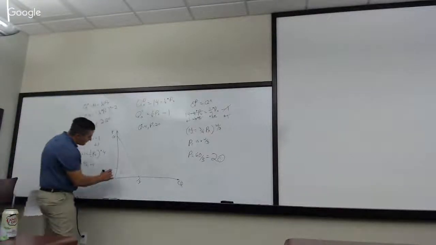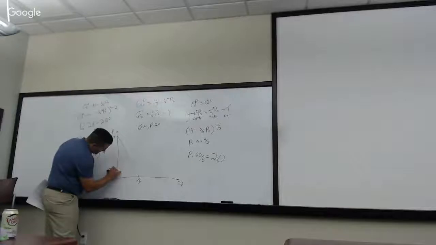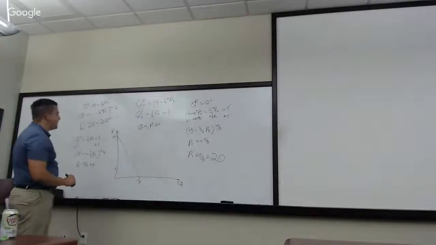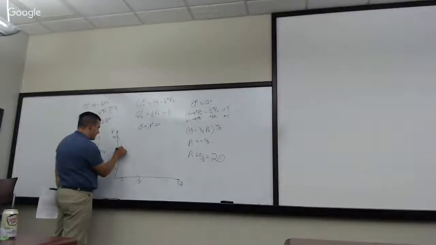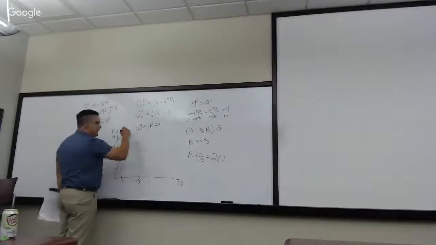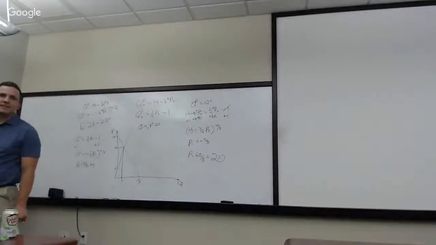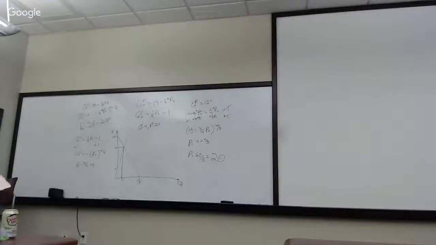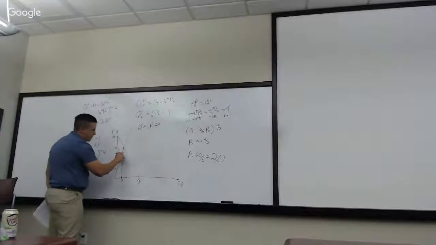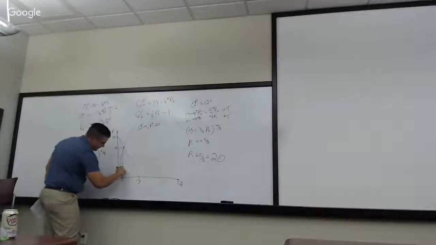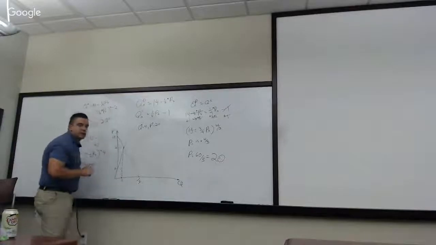So our intercept here is going to be 4. And we know that our equilibrium quantity is going to be 4. Our equilibrium price here is going to be 20. So we can just kind of pretend this line up. There we go. So at a price of 20 and a quantity of 4, that's our equilibrium.